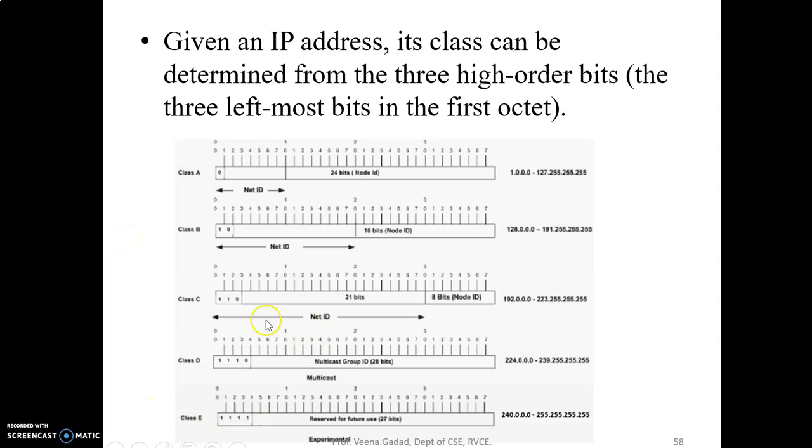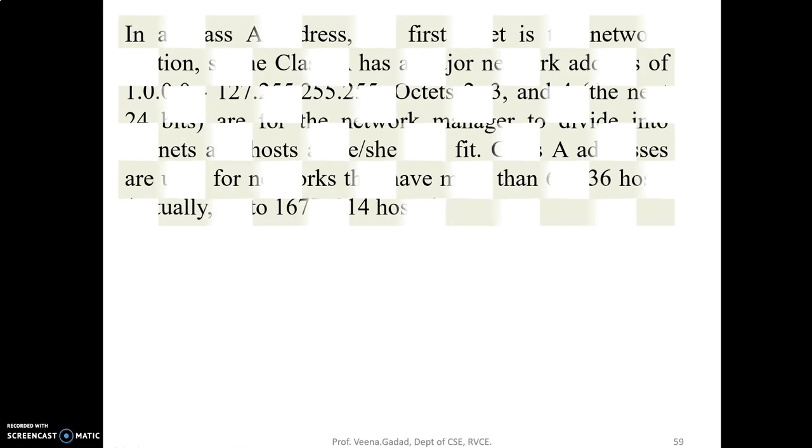In class C, it is 110, so you have the addresses from 192 to 223.255.255.255. This is one thing you have to remember.